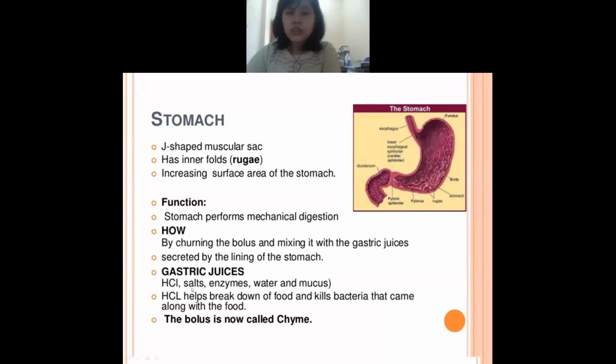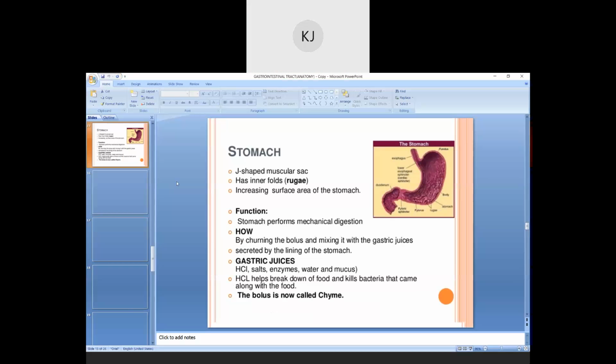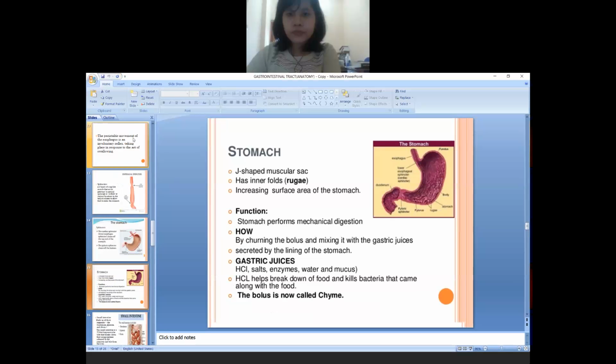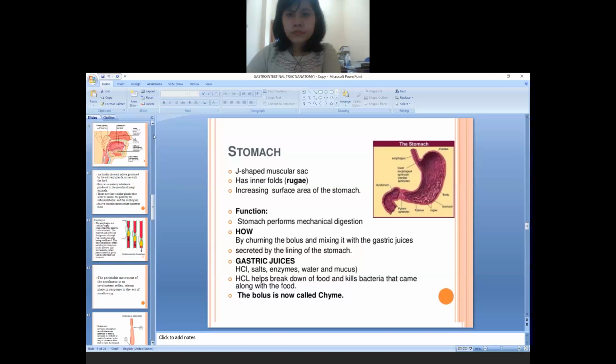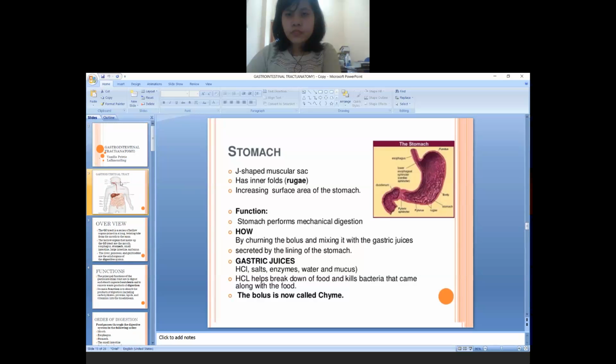Kintu, can you see this? You will see salts, some enzymes, some water, and mucus. Understand? So all these things you will see. Are you clear now? Okay, ma'am. Next question.